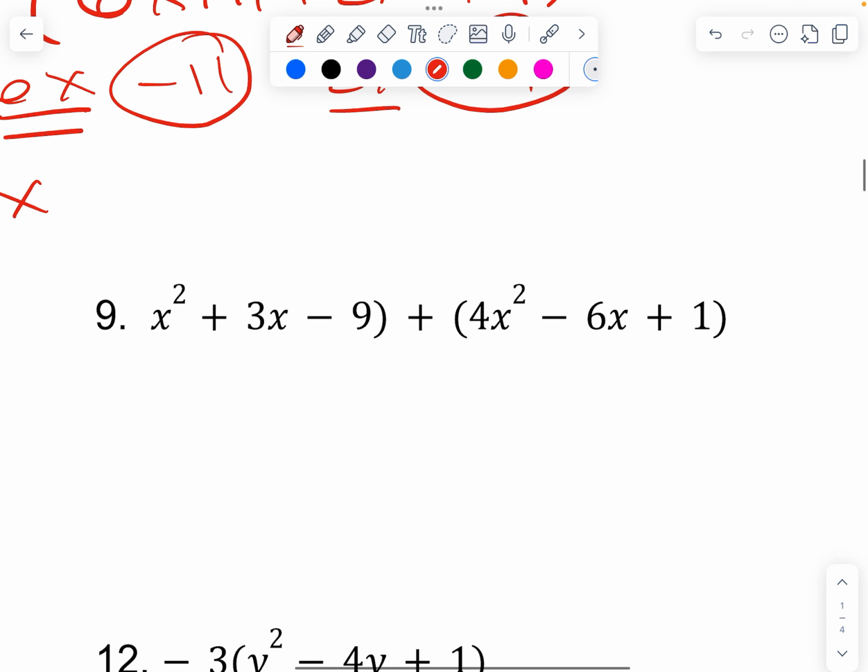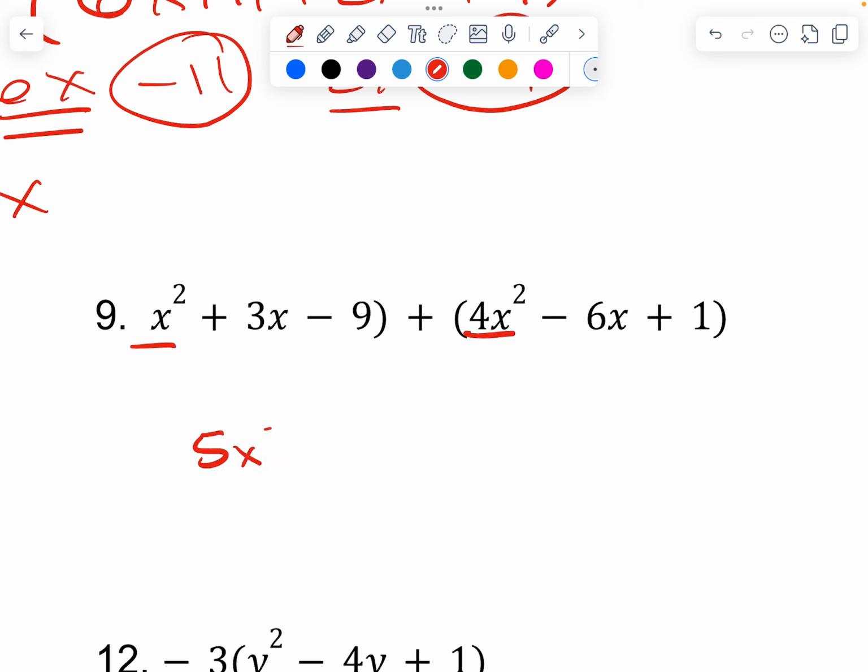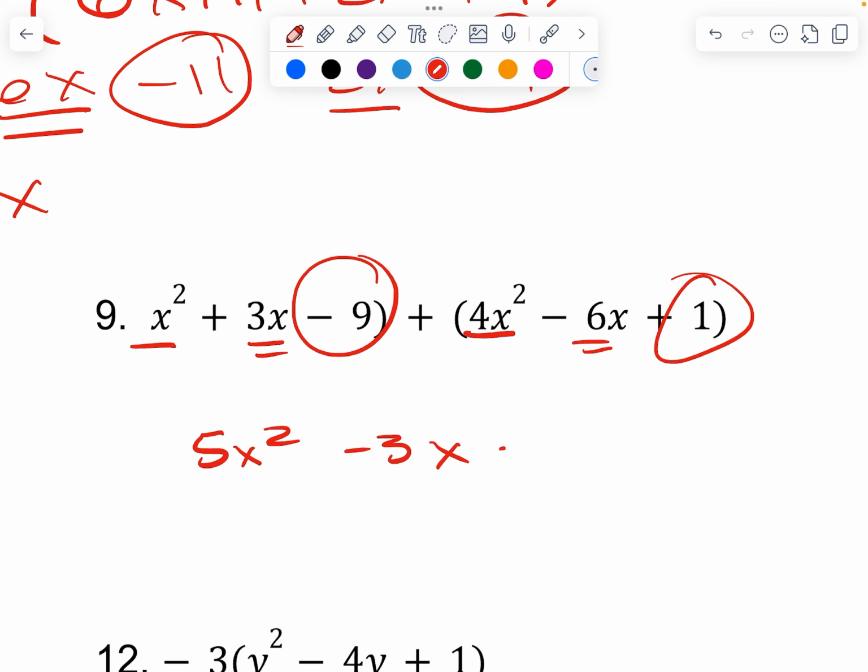Here, I have x squared plus 3x. I don't even need to write all that out because this has a plus sign in between it. So I'm just going to combine like terms. 5x squared minus 3x and constants minus 8.